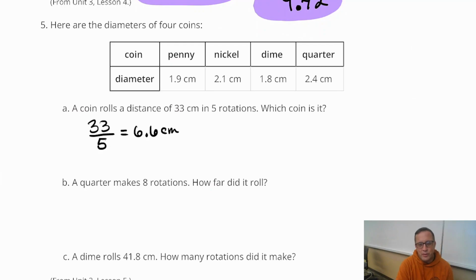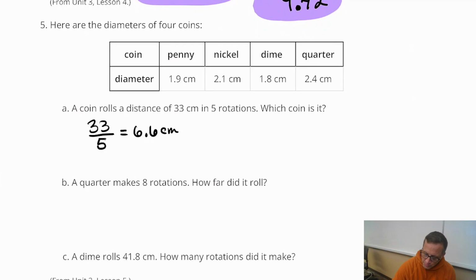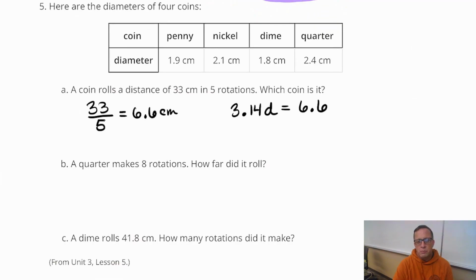So that tells you the circumference, right? That's the circumference. So the circumference equals pi times diameter. So I'm going to do pi times diameter equals 6.6. Okay, so what number times 3.14 equals 6.6?